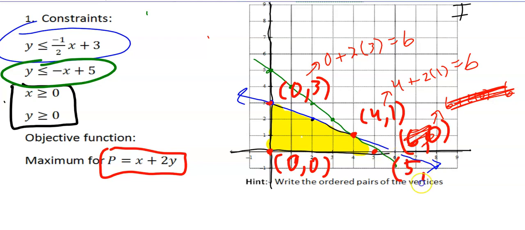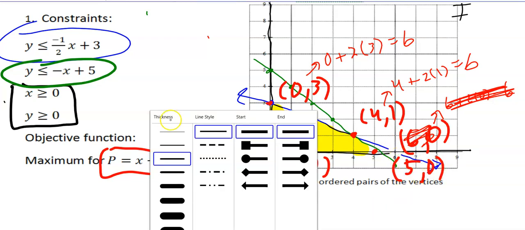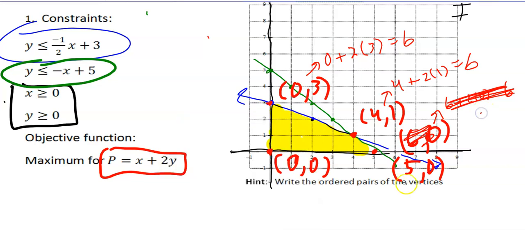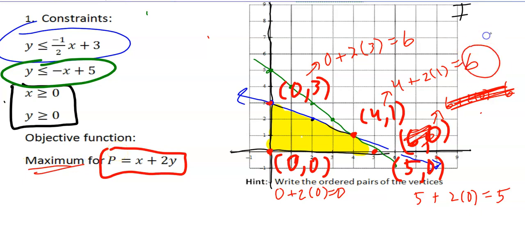That makes a lot more sense. When you plug (5, 0) into the equation, you get 5 plus 2 times 0, which is 5. And I guess we'll plug in (0, 0), but it's really unnecessary: 0 plus 2 times 0, which is 0. We want to maximize this function, so 6 is the maximum. The points that lead to that maximum are (0, 3) and (4, 1). Those are the best options for you.